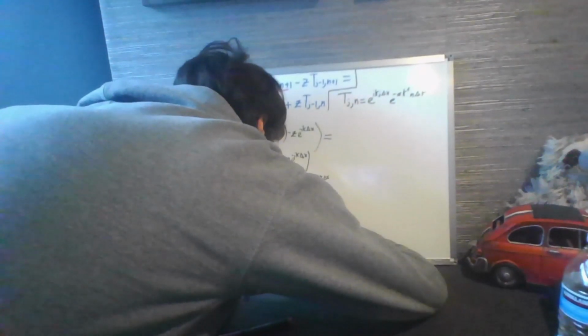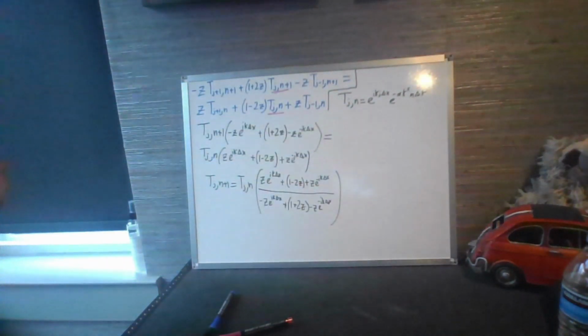So we're just going to copy that: negative z e to the ik delta x, plus 1 plus 2z, and then negative z e to the negative ik delta x. Alright, does that look correct?